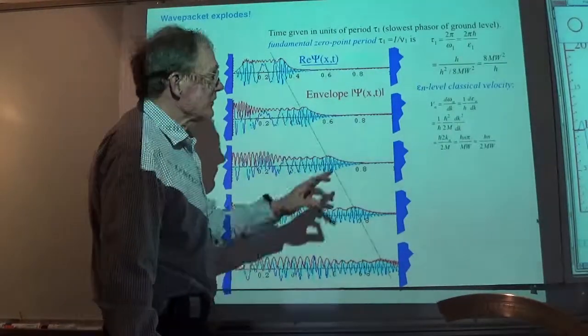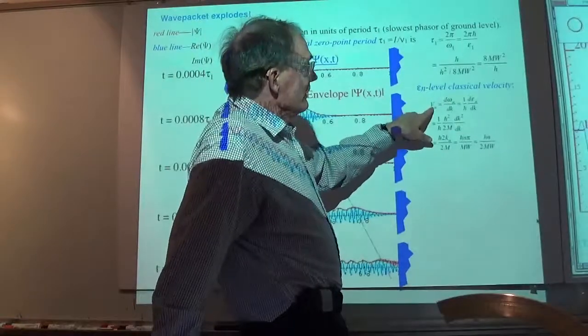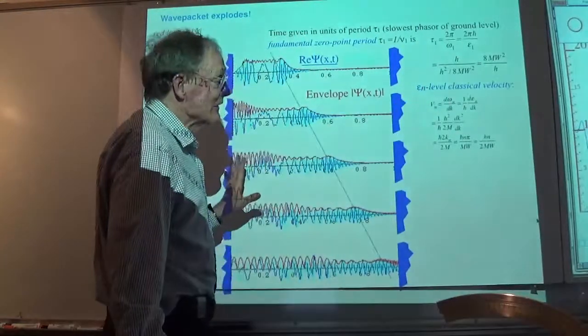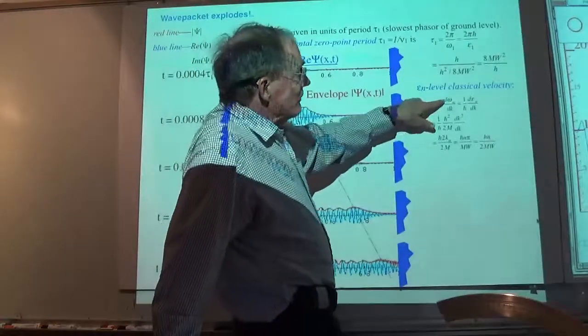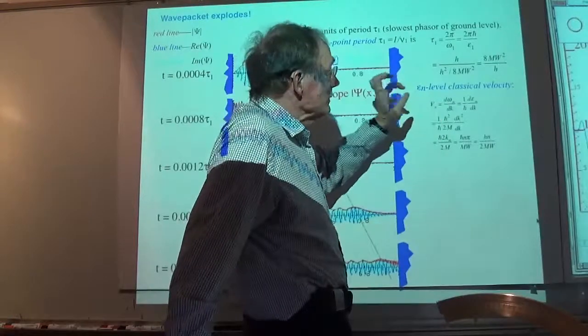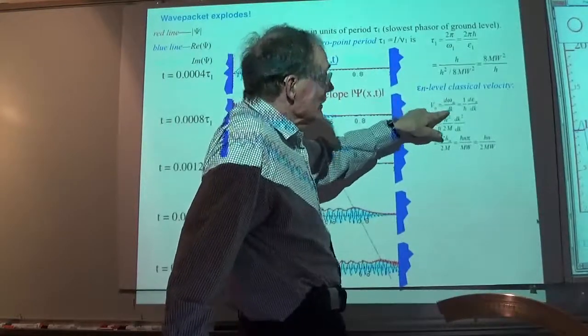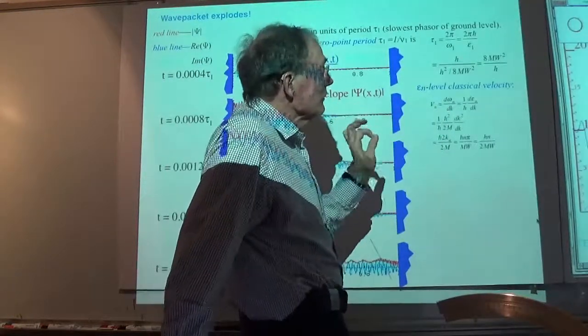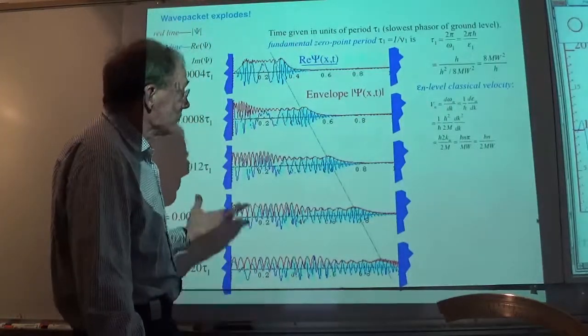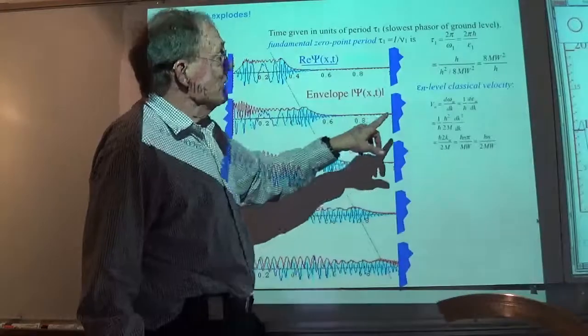And the classical velocity associated with any motion in this neighborhood is the group velocity, the derivative. Now this is an approximation. What you'd really be using is delta omega over delta k. But we're so close to the place where the deltas are, and they're small, 1/100ths, so we can get away with that.